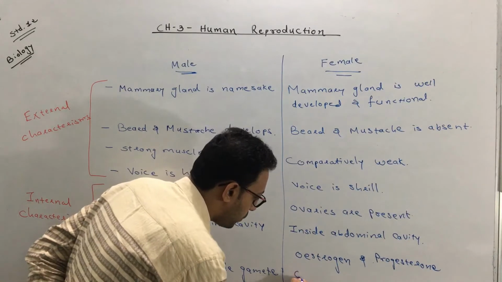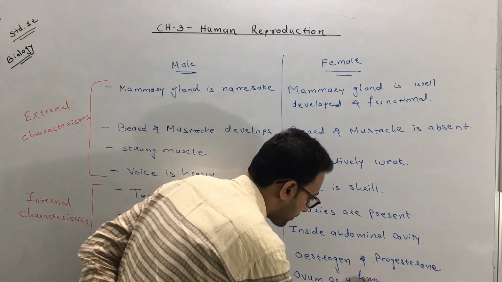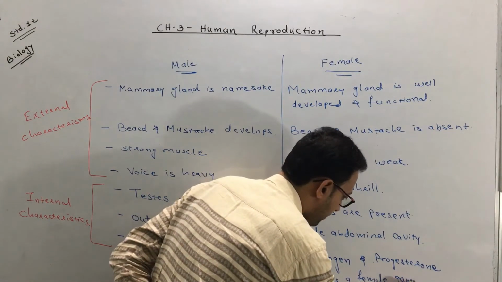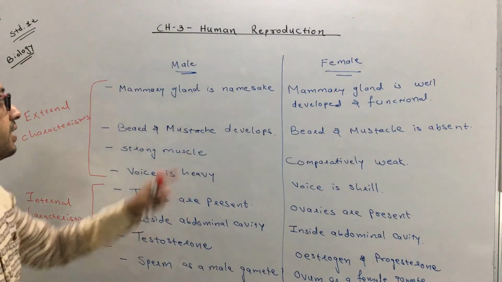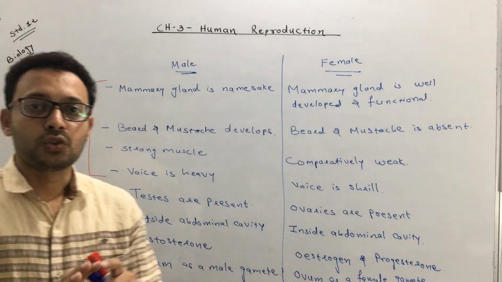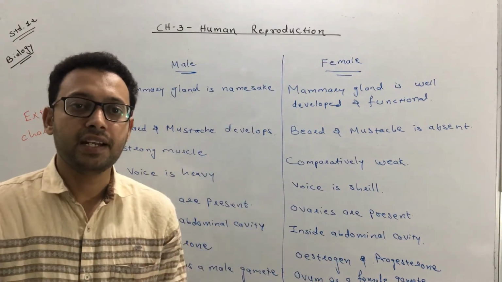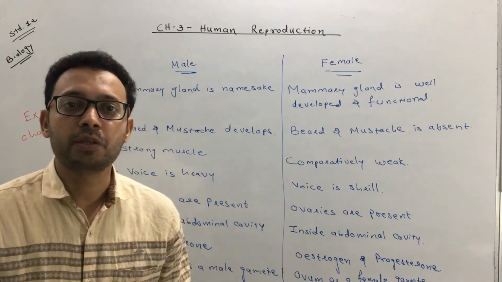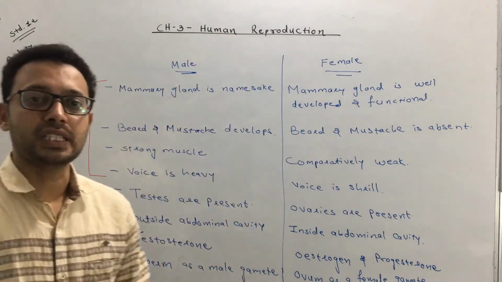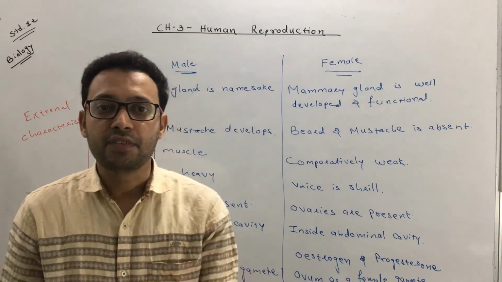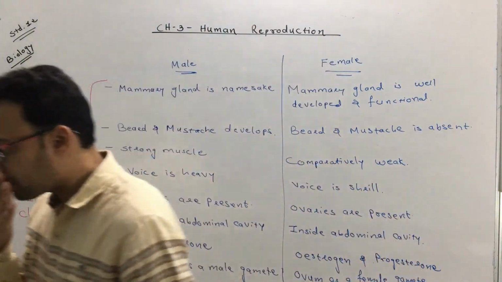The female produces ovum as a female gamete. So this is a difference between male and female. I hope to all of you there is a clear-cut difference between male and female, and you can identify which human being is a male and which is a female. So before starting human reproduction, you should know the basic differences between male and female externally as well as internally. Now we move ahead.